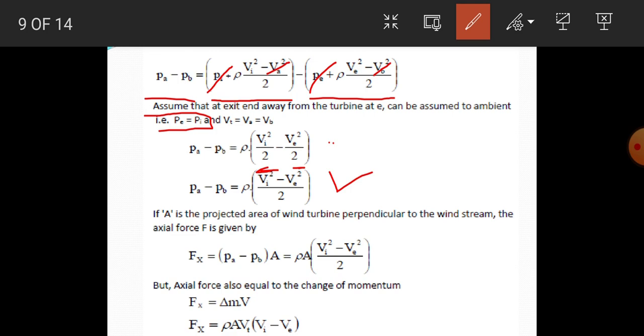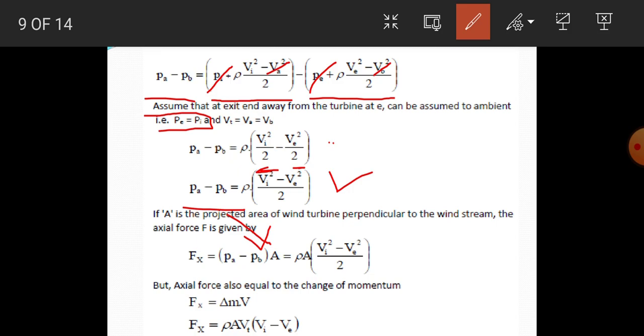So if A is the area projected by the wind turbine perpendicular to the wind stream, so how much area it is projecting, then the actual force will be pressure into area. So what pressure we have found here, we will multiply this with A, then we will get our actual force, that is P into A. But axial force is also equal to the change of momentum. What is the formula for momentum?